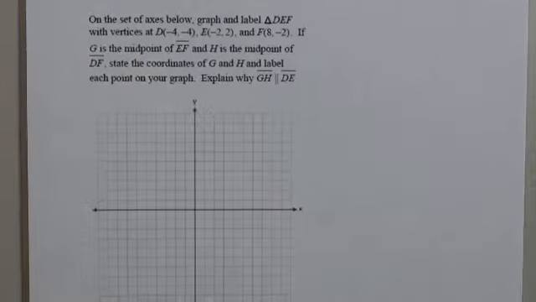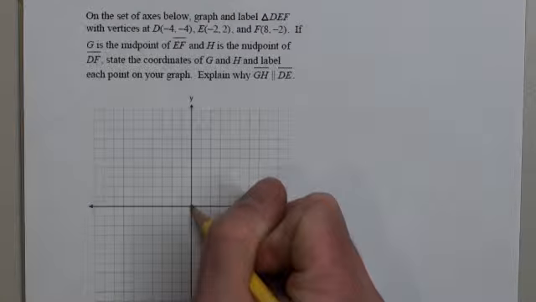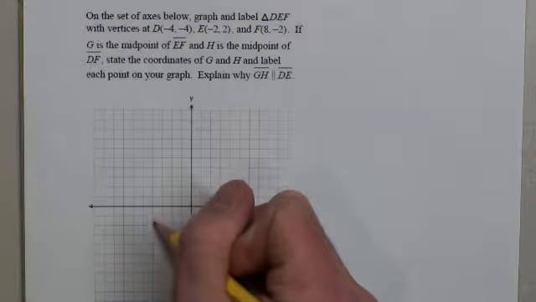On the set of axes below, graph and label triangle DEF with vertices D is -4, 1, 2, 3, 4. -4.